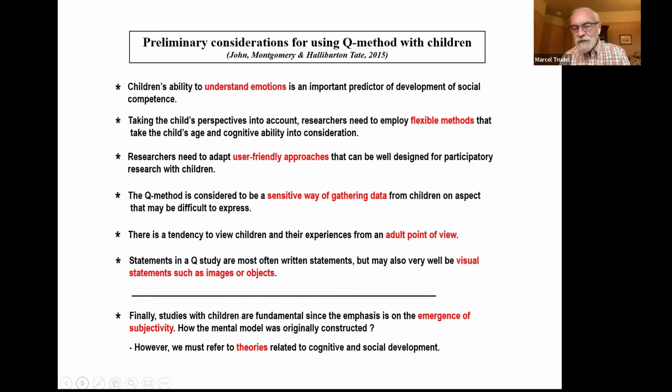Now we use visual stimuli. It's a complex issue, but there's more flexibility than any other method. Researchers need to adopt a user-friendly approach. For sure, with children, you need to support the children the best you can as a researcher. Q method is considered a sensitive way of gathering data from children.